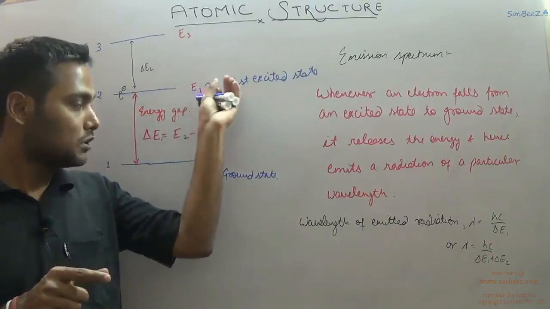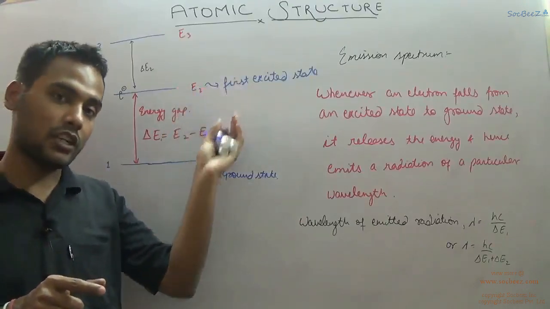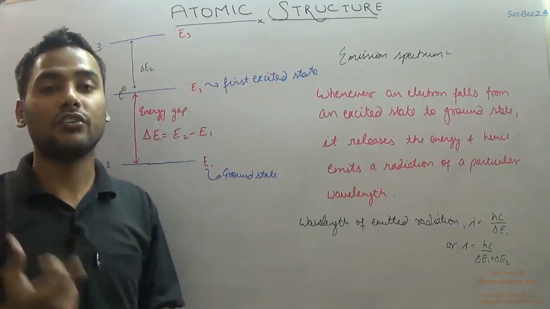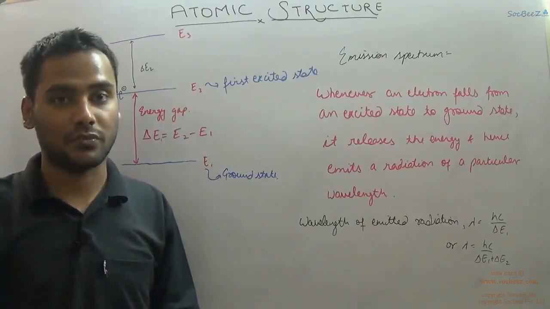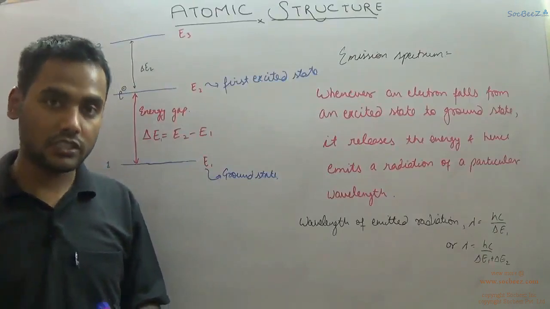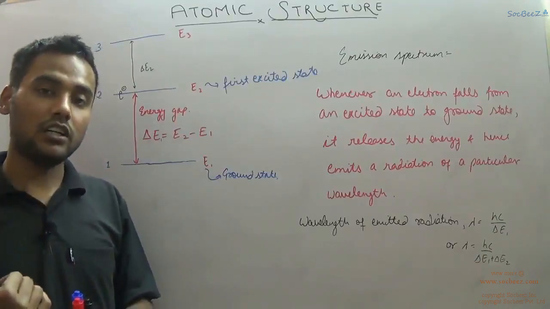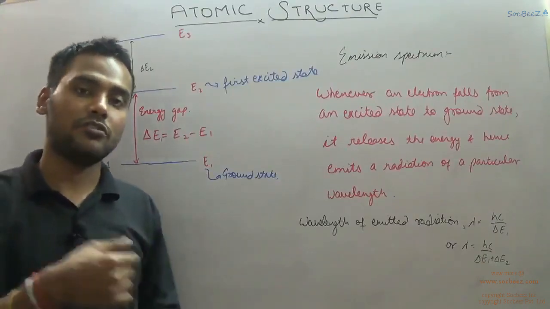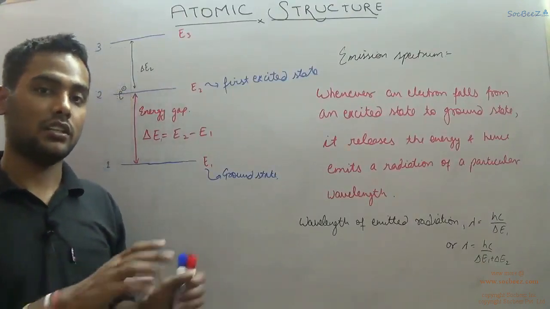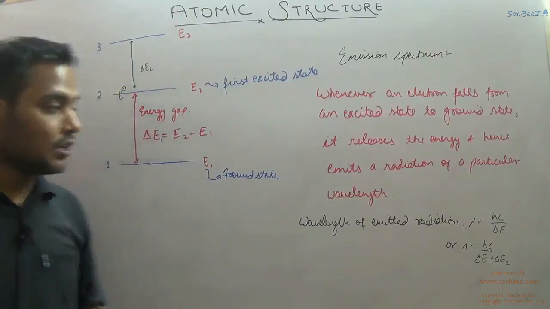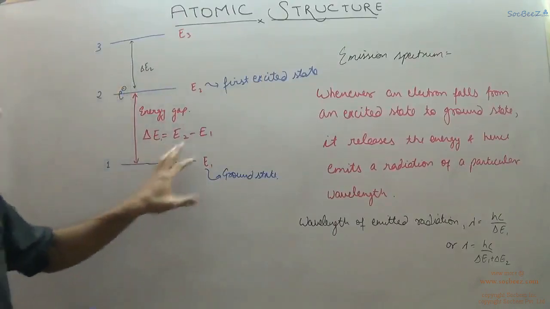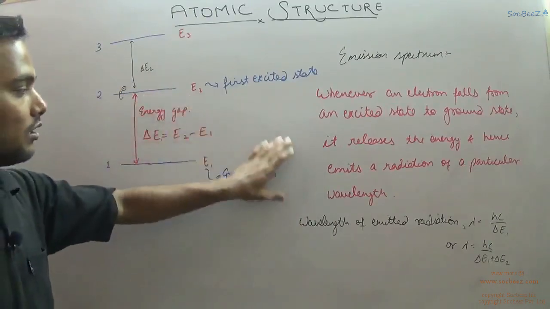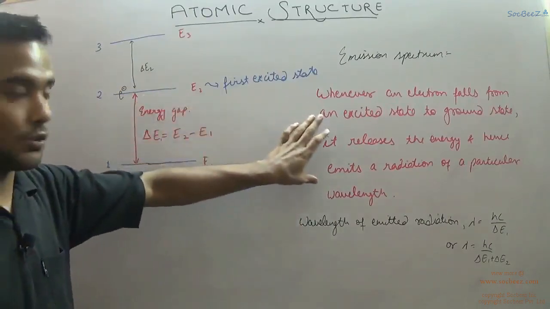Now when it comes back to the ground state, it emits radiation which falls in different regions of the visible spectrum. Because of this, depending on the color, you infer that this particular element exists in the given compound. Therefore the study of this emission spectrum is known as emission spectroscopy.